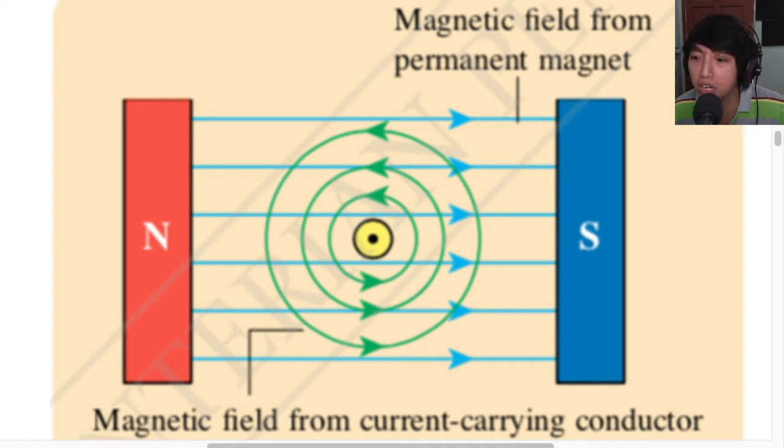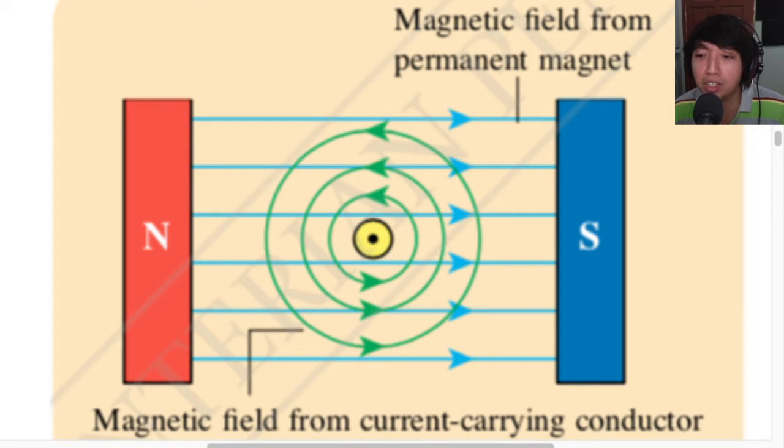So we have the two permanent magnets on either side. And we have the magnetic field going mostly from north to south. So that is the magnetic field of the permanent magnet. Now, in the middle, that little yellow circle with a dot in the middle is the wire of the conductor.